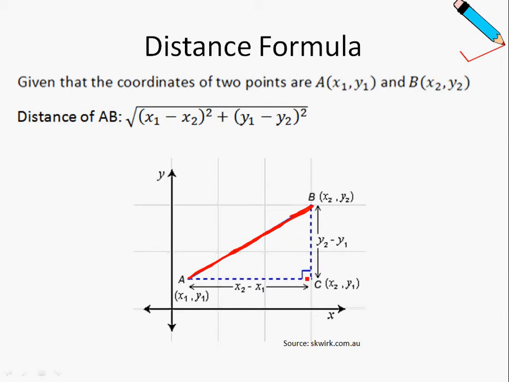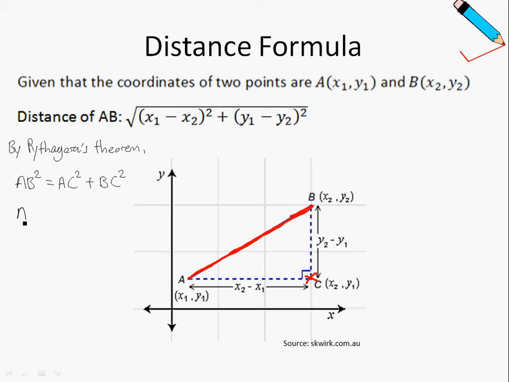If we call this point over here point C, then by Pythagoras theorem, the distance AB squared is equal to AC squared plus BC squared.